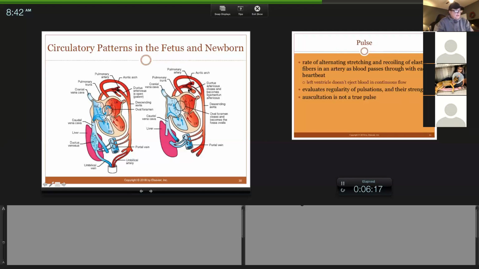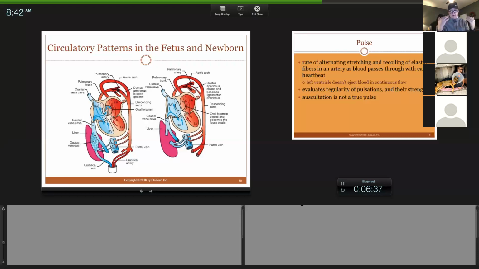What is happening here is that because this is open, it's going to allow deoxygenated blood to mix with oxygenated blood. Also, some of that blood is going into the aorta, and it's not going to the lungs. Hopefully this makes sense.